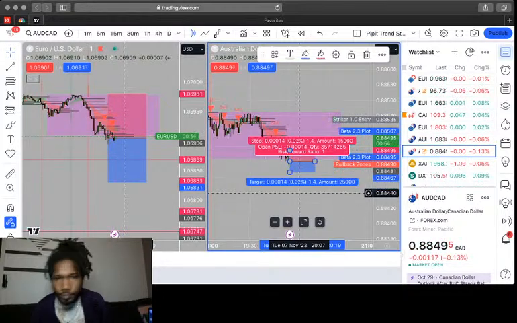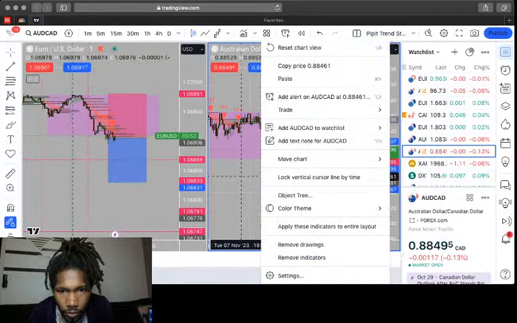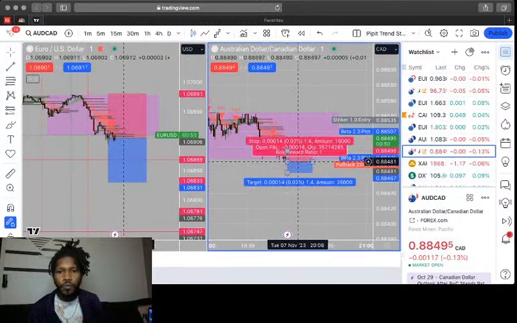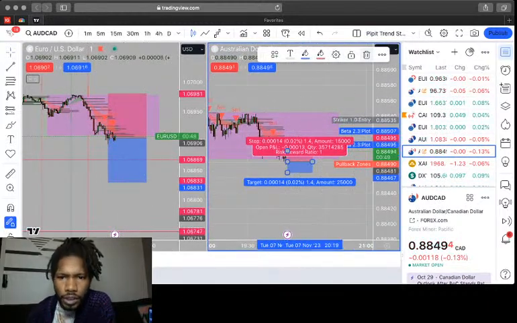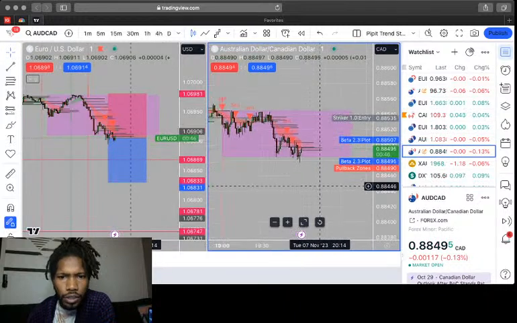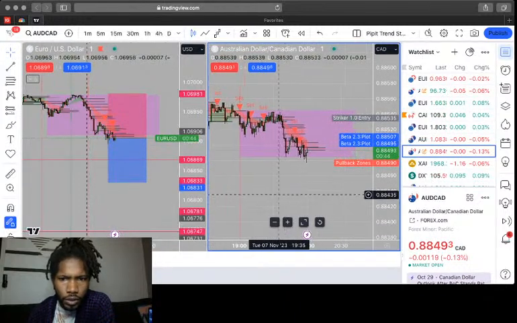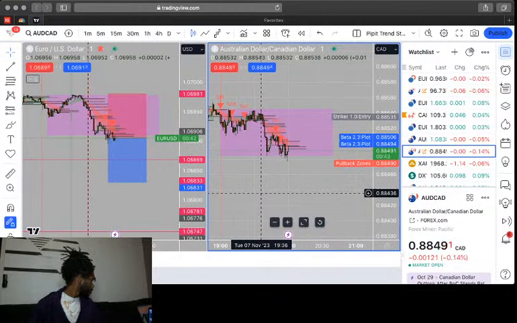Did we get a break? No break. All right, so we're looking for ACAD to take it to the downside once we get a break and close of that level.